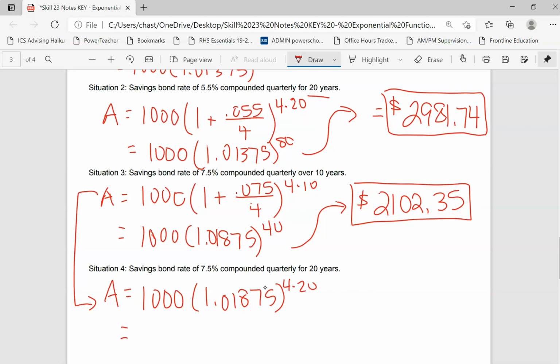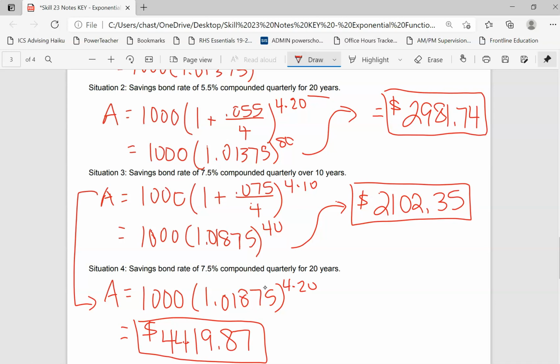So I'm going to do 1.01875 raised to the 80th power, and I'm going to multiply that by 1,000. And that amount ends up being $4,419.87. So that's magnificent. That means that we are going to have over 4 times the amount of money that we had started with if we have a 7.5% interest rate and we compound quarterly for 20 years.